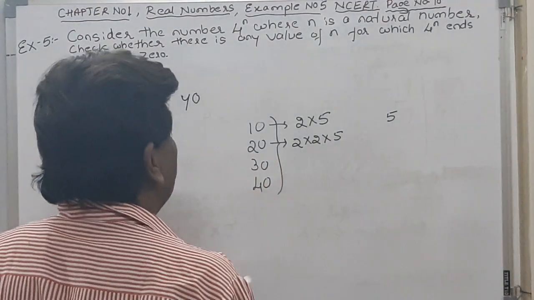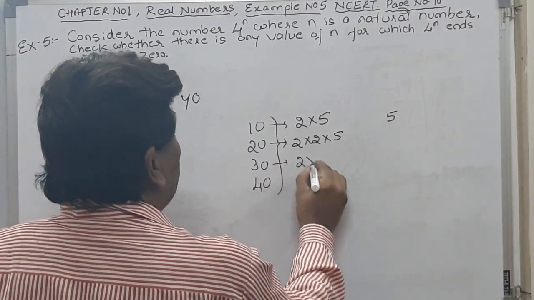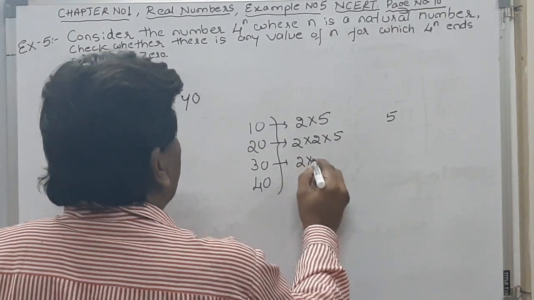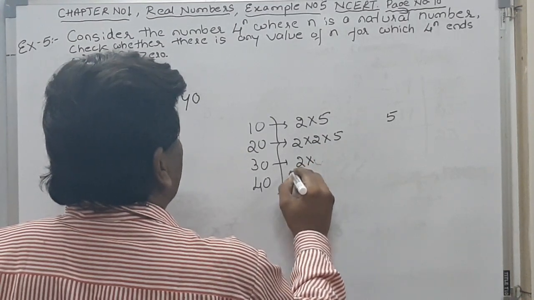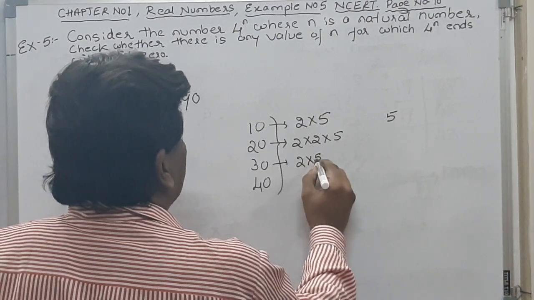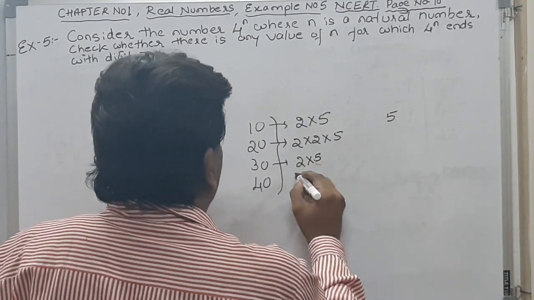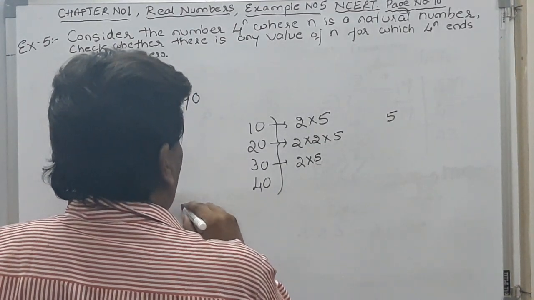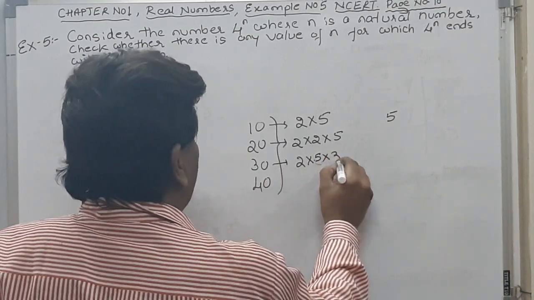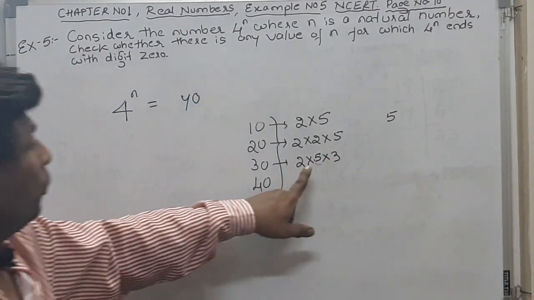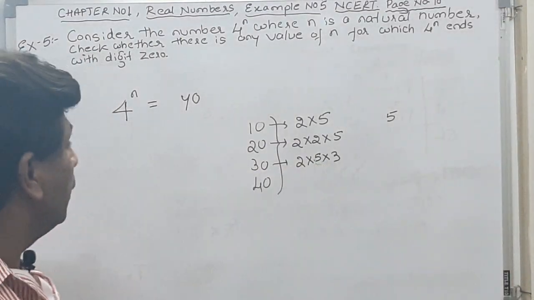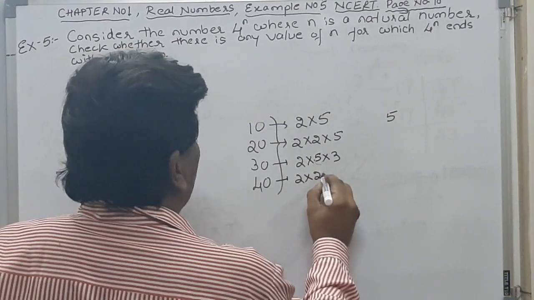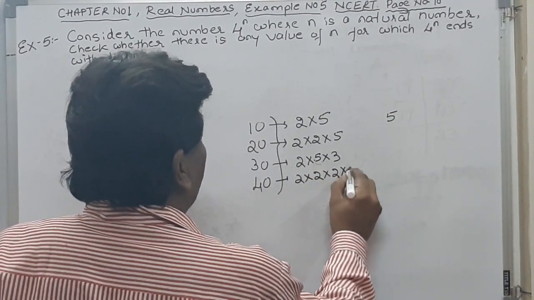Consider 30: 2 into 3 into 5. So 5 is there as a prime factor. Consider 40: 2 into 2 into 2 into 5.